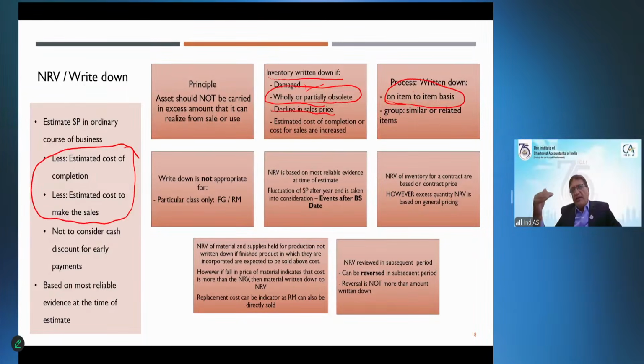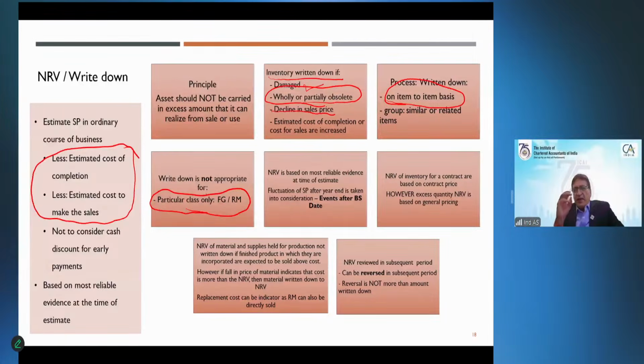So you have to bring the inventory item to item, and of course, similar or related items can be grouped. Say, for example, different colors of a sweater or one particular range of a sweater. That is an item that can be grouped. Now, a write down is not appropriate for a particular class of finished goods or raw material.